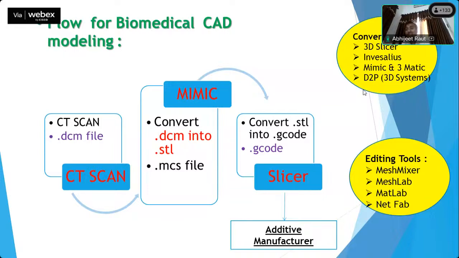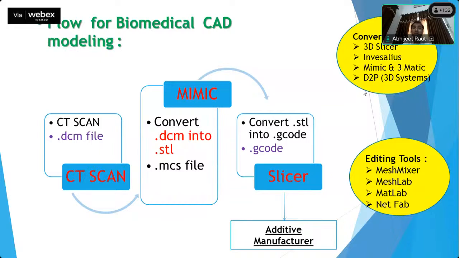But these, Mimics and D2P, are paid software. At the same time, there are open source software which is very useful. I have listed them for your knowledge: 3D Slicer is there, Invesalius is there. So you put your CT scan data into an STL. You can note it down.